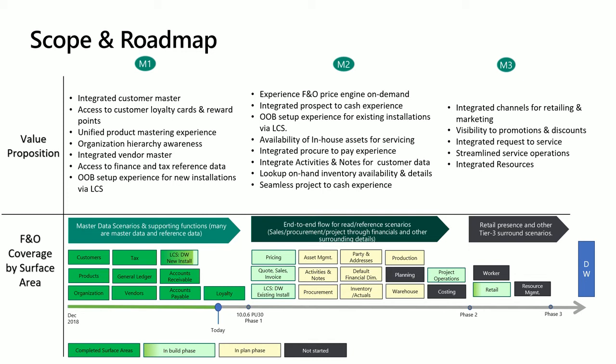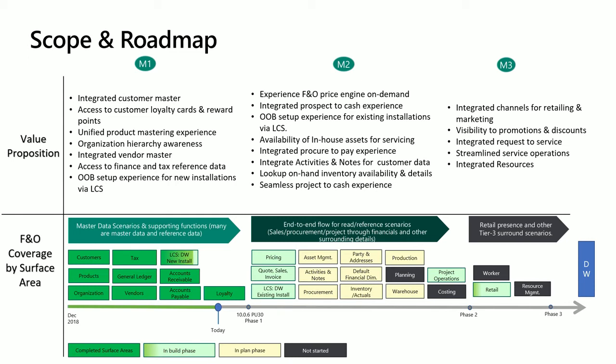As part of phase 2, we are bringing in a pricing model. F&O has 2 types of pricing engines: one is the SCM pricing engine, another one is the retail pricing engine, right. In CDS, we have only one type of price called price list item price, and that is tied to one currency.